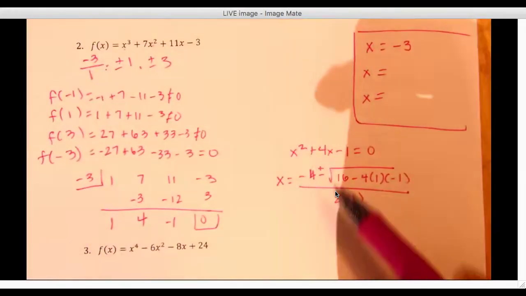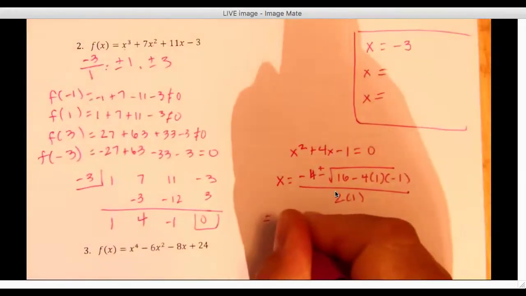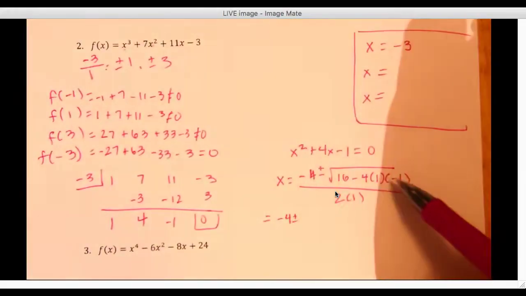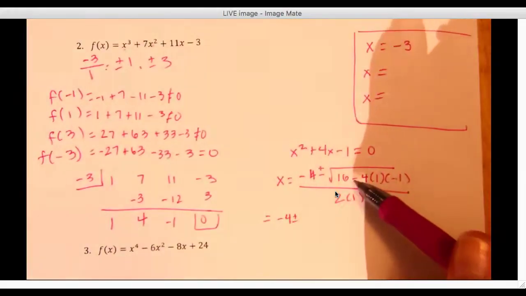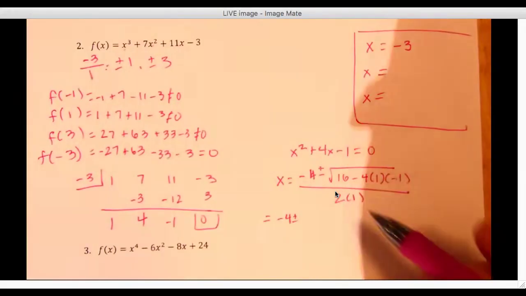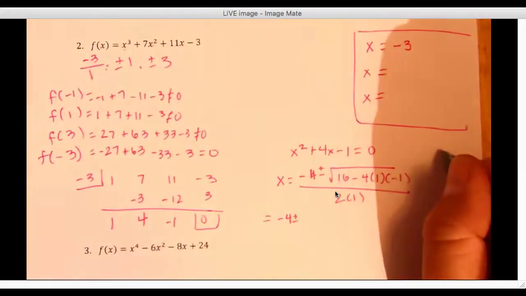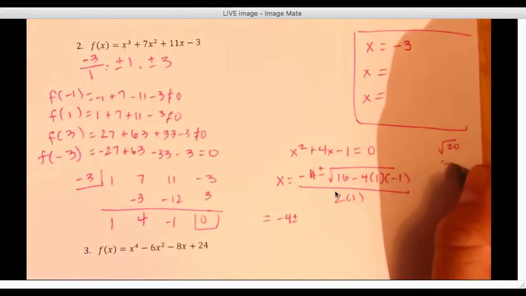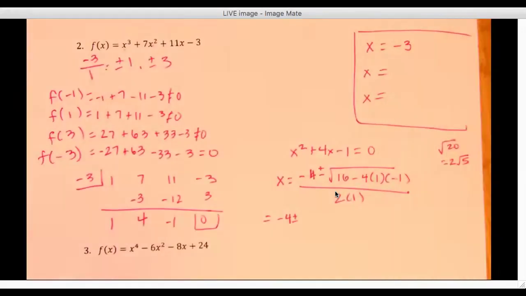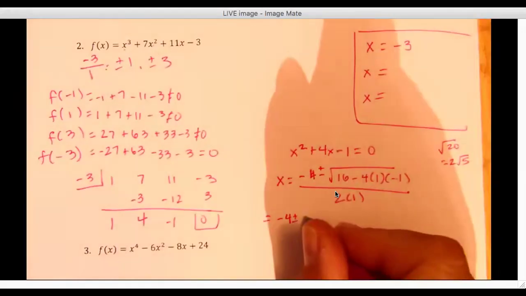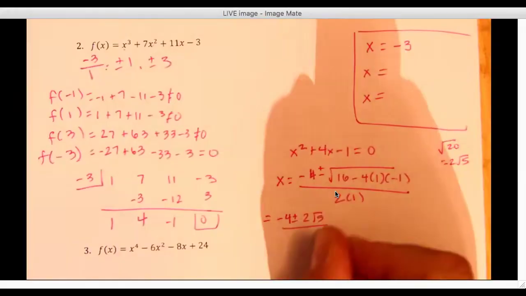All right, so this gives us -4 plus or minus, and I have -1 times -4 becomes a +4. 16 plus 4 is 20, and the square root of 20 can be rewritten as 2 root 5 because we can pull the 4 out. So plus or minus 2 root 5 over 2.